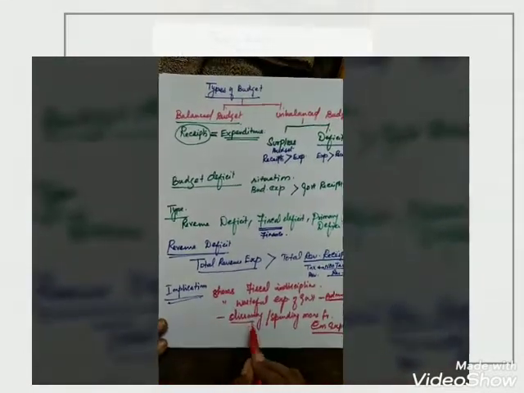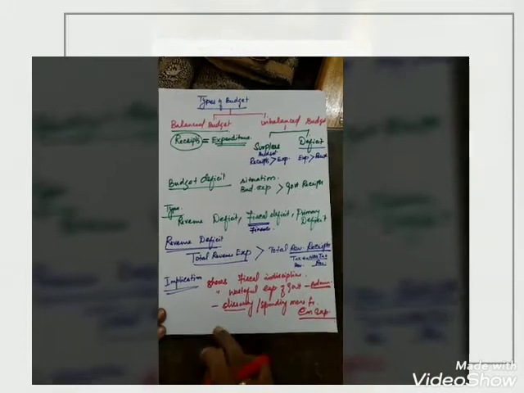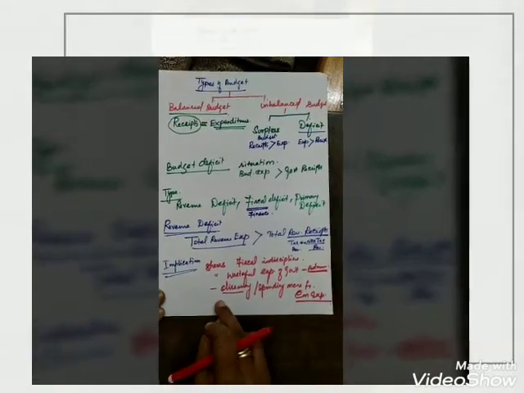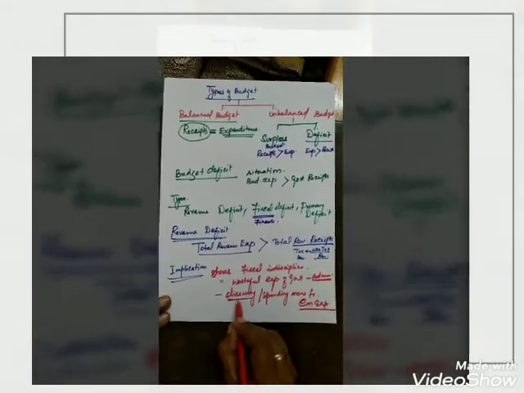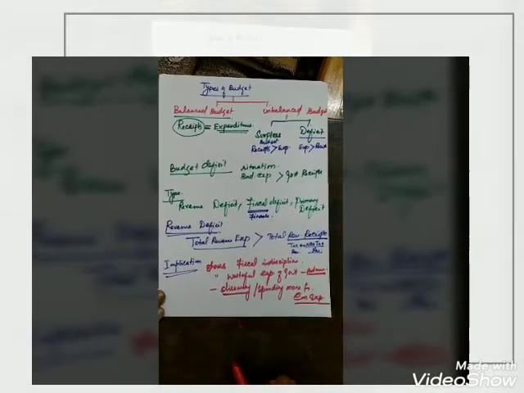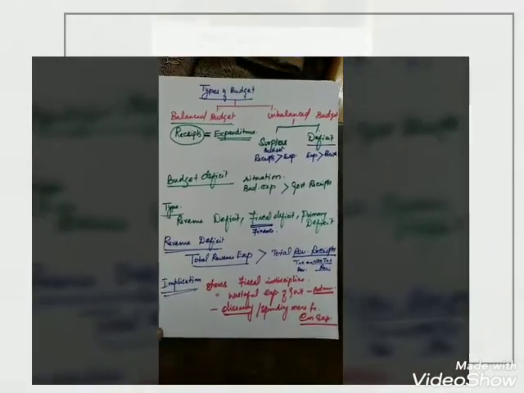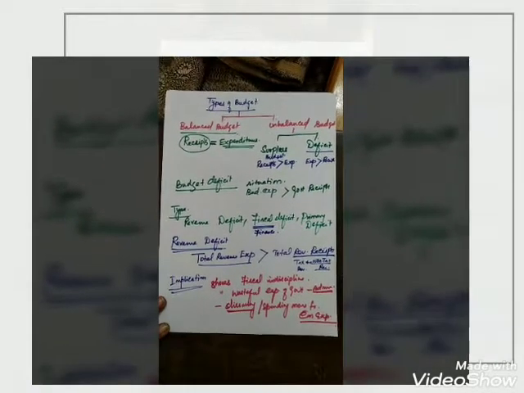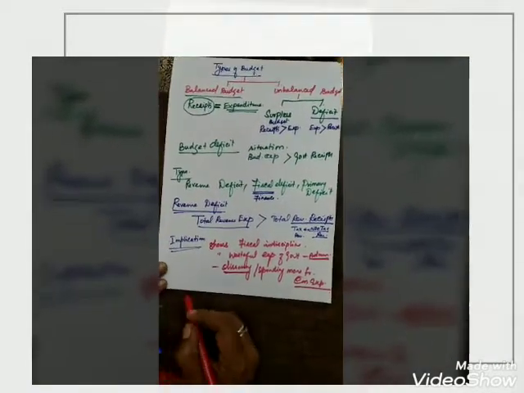If the government has a revenue deficit, dissaving will be there, meaning the saving goes negative, and that amount is also spent for consumption purposes.